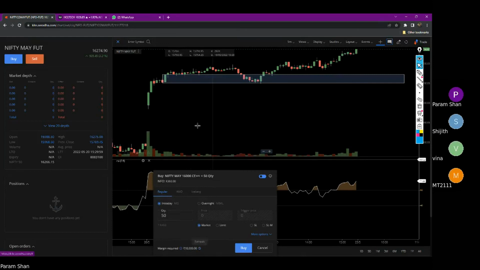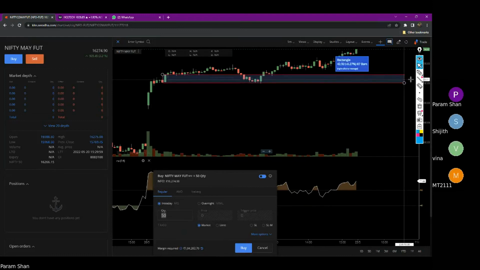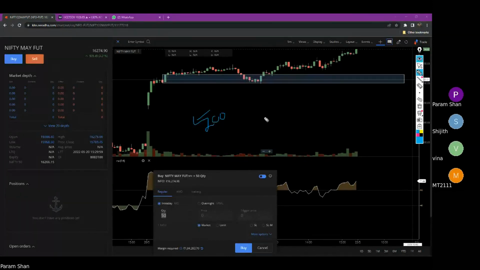If you invest 1 lakh 5,000 and your target is only 10 points either side, your loss is limited to only 500 rupees. But with options of 4 lots, 200 quantity, 10 points going down gives you a 2,000 rupee loss. I'm okay with small fish, not with the big fish.